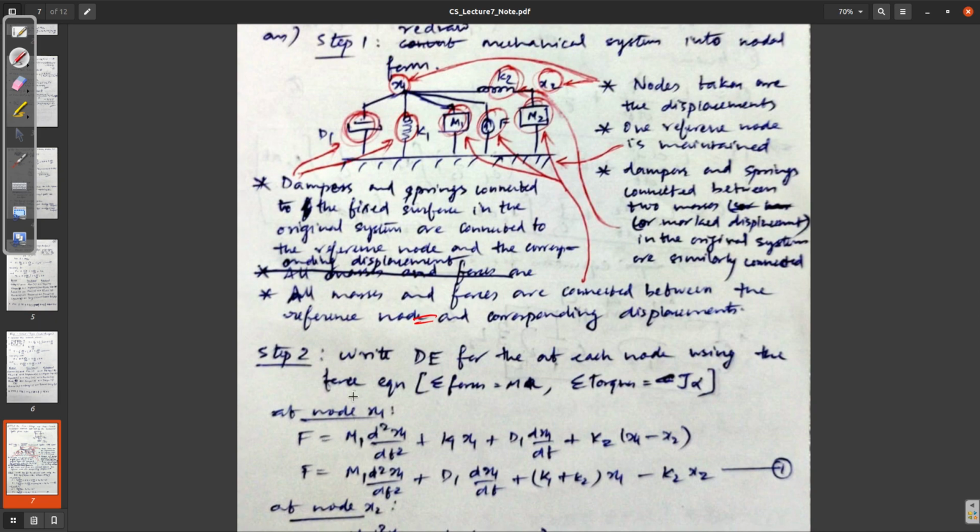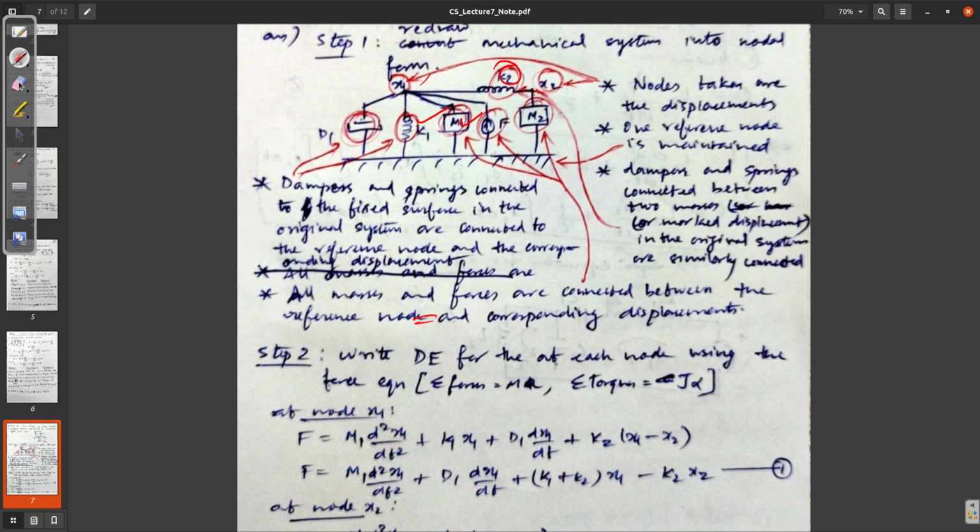F equals m1 d square x1 by dt square plus k1 x1 plus d1 dx1 by dt plus, you have to consider this also because it is connected between x1 and x2. So k2 into (x1 minus x2). You can rearrange this into whatever form you want. That is our first equation.